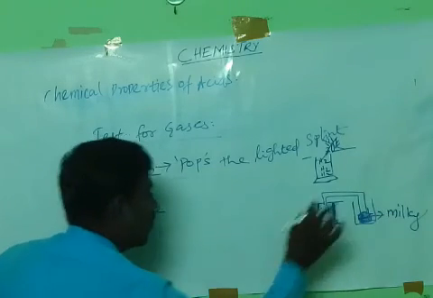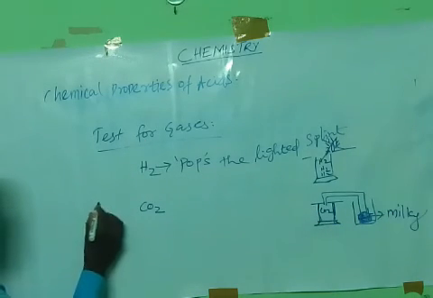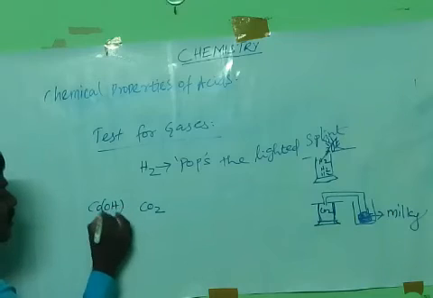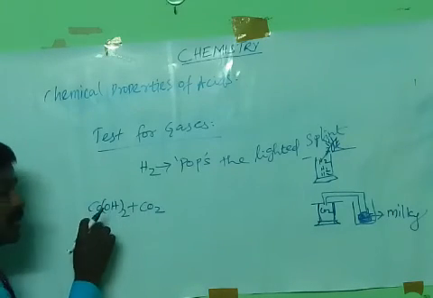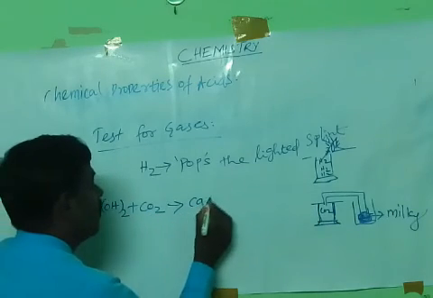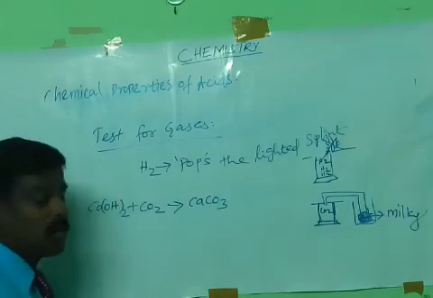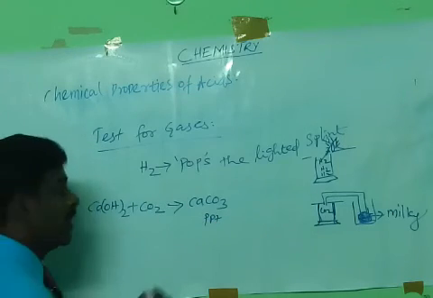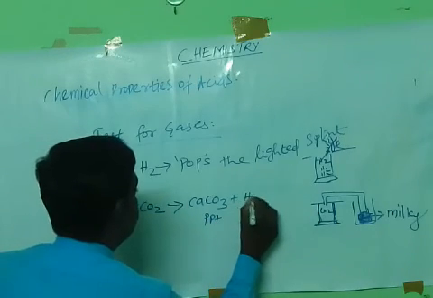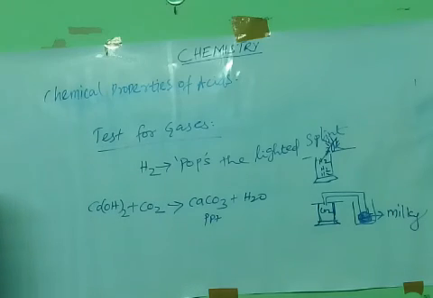What we are taking? Lime water. What is lime water? Lime water is calcium hydroxide, slaked lime. When carbon dioxide passed into this, it will form calcium carbonate, which is a precipitate, a solid, insoluble solid, and it gives water. Okay.